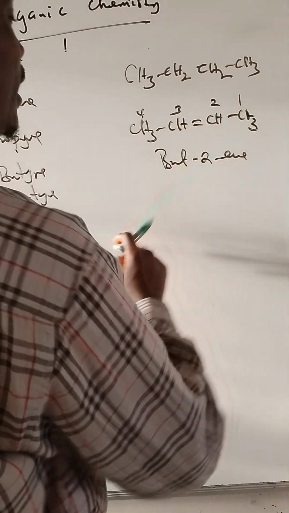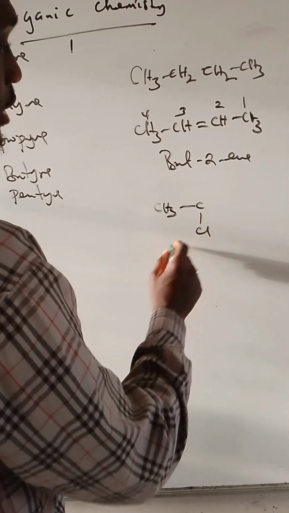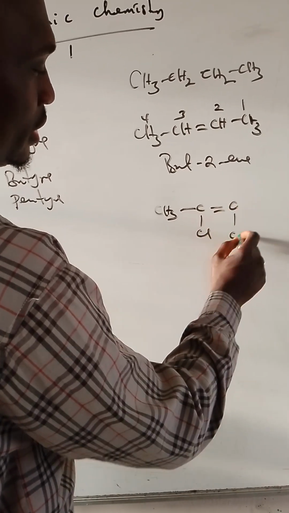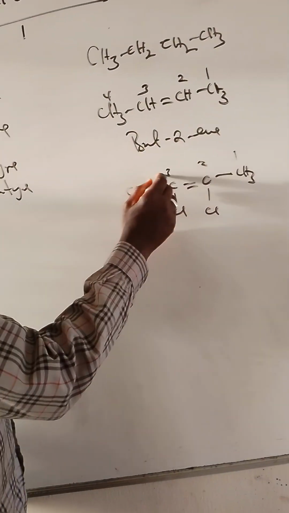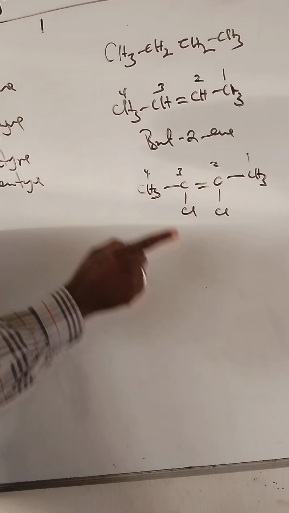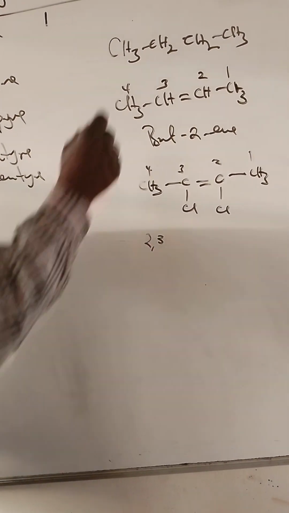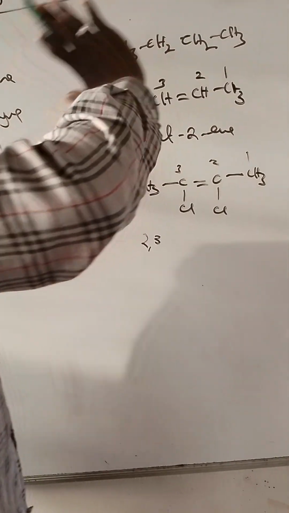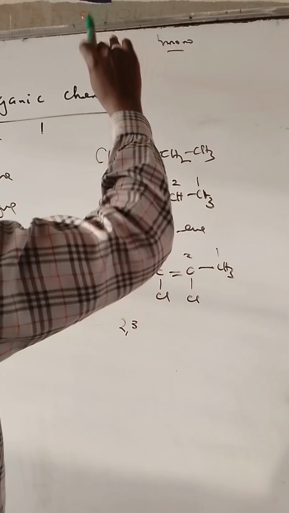Let's assume we have CH3, then C with Cl, double bonded with C with Cl, then CH3. How do you call this? You count 1, 2, 3, 4, and we have attachments at carbon 2 and carbon 3. So you call the attachments first: 2, 3. If the attachment is 1, there's no need to put anything; it's supposed to be mono, but we are silent on it.